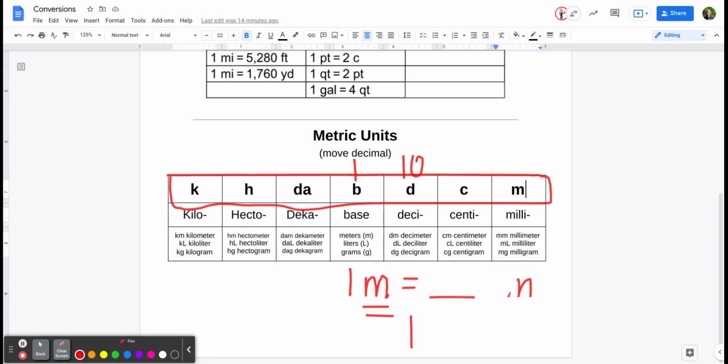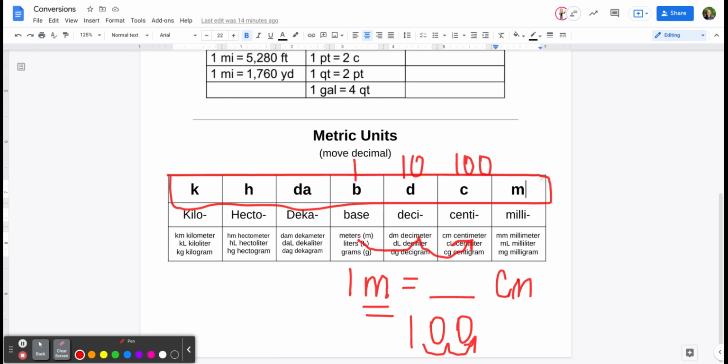So I want to go from meters to centimeters now. So I'm starting with meters. Put your pen on meters. And now we have to change to centimeters. Once, twice to the right. So however many boxes I'm moving, that's how many times we would have to move our decimal point. Once, twice to the right. Fill in with zeros. So 1 meter equals 100 centimeters.